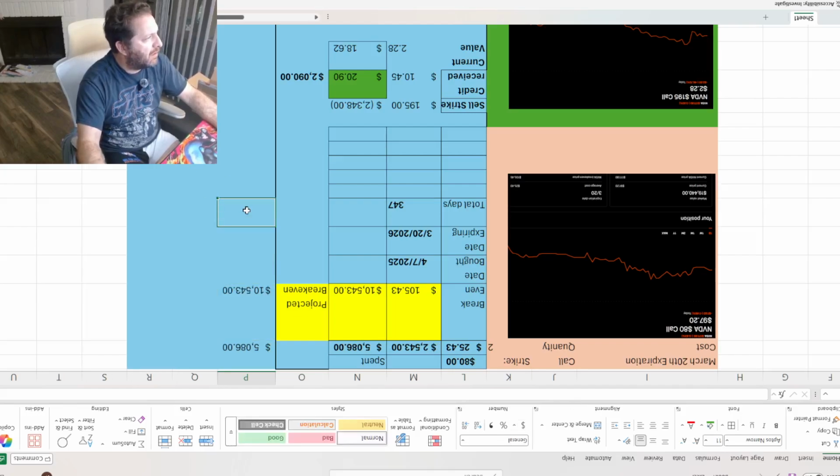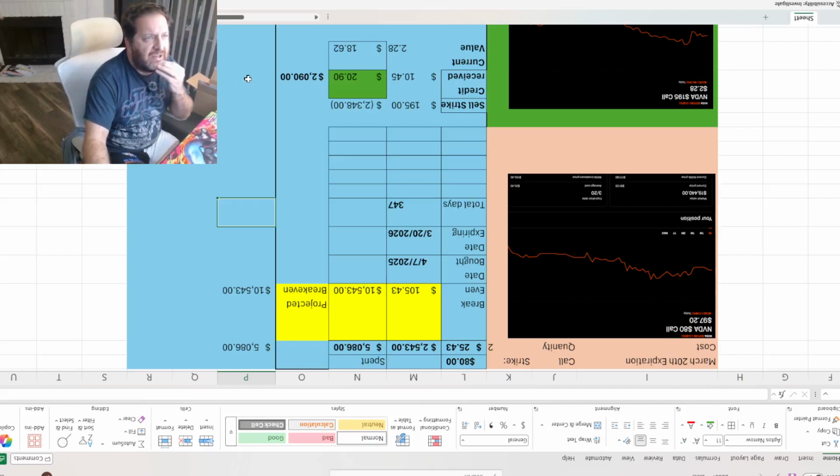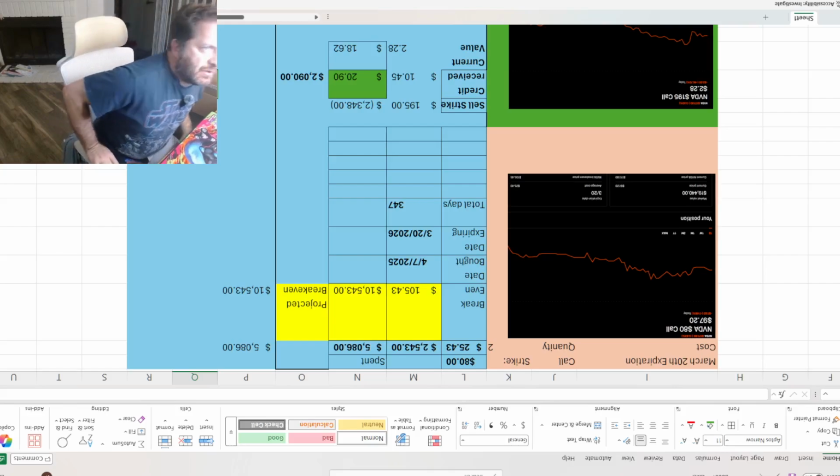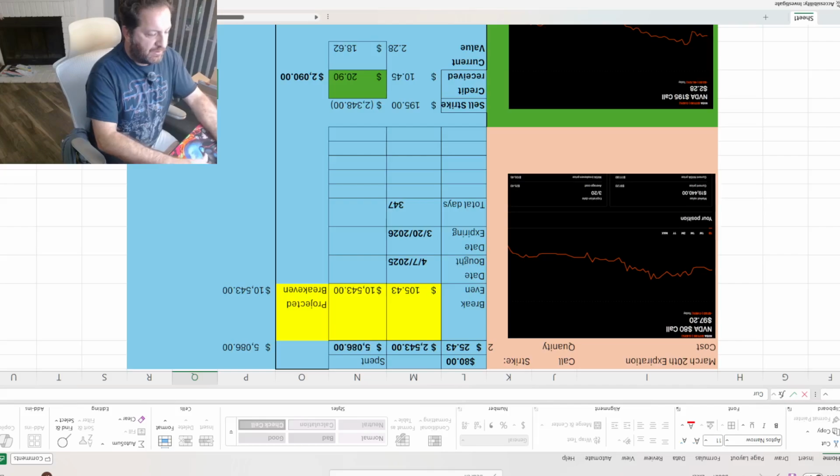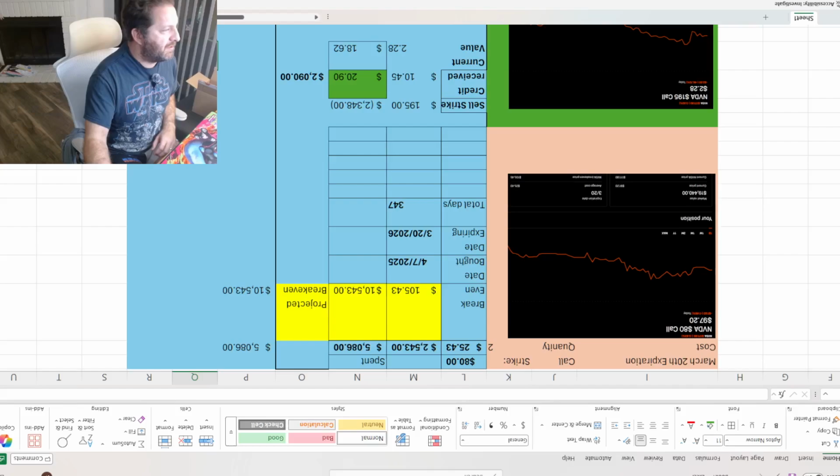Okay. And its current strike price, that's the number we need. Current 177. Okay, so the current share price 177.80. Okay, that matters to us.